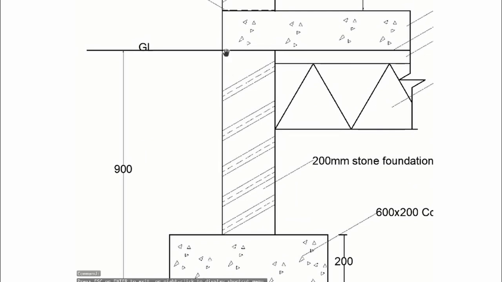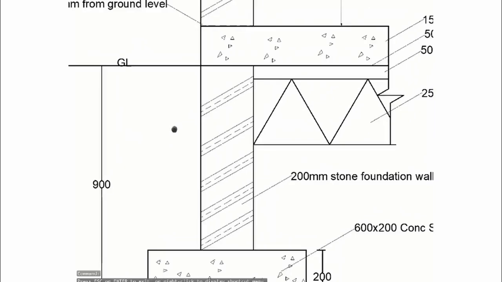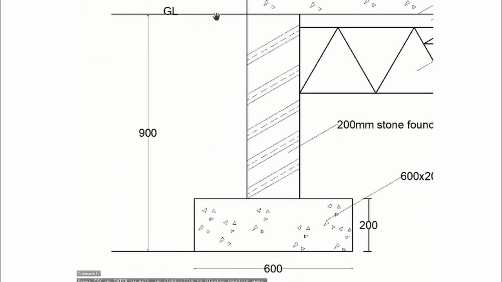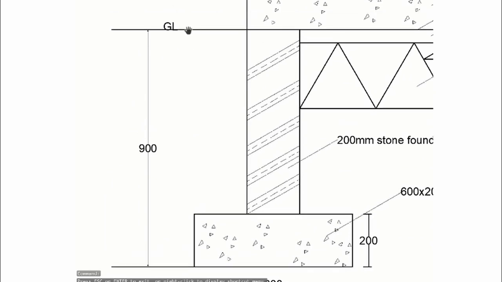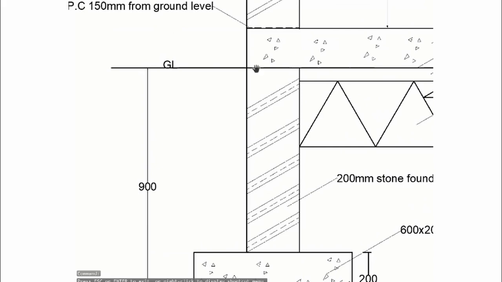So it's called the depth of the foundation. With the depth of the foundation, you are able to measure and get to the ground level, and then from there we can place our floor there, and the floor is 150 millimeters.